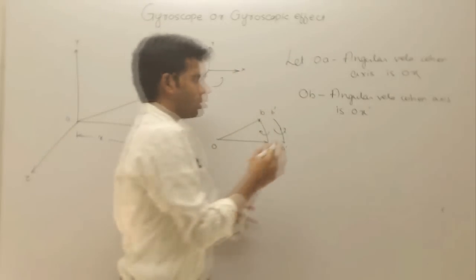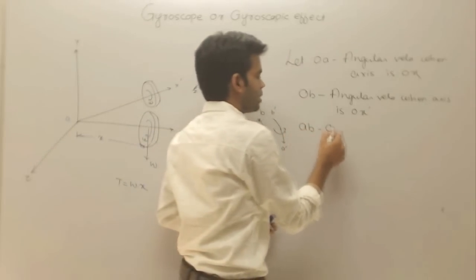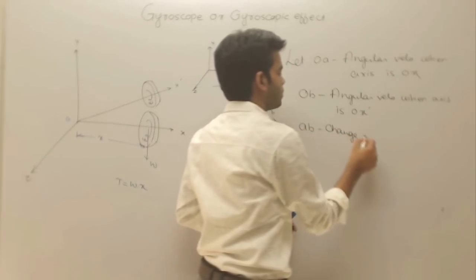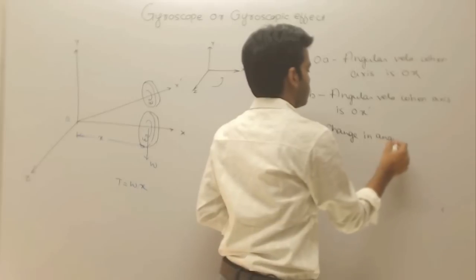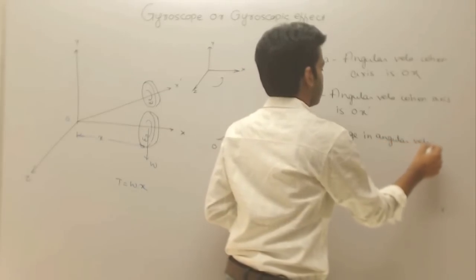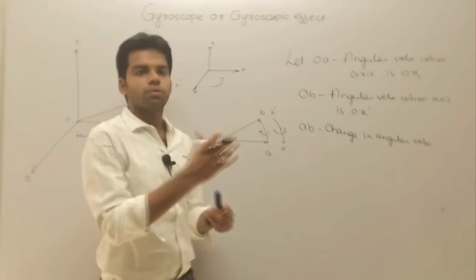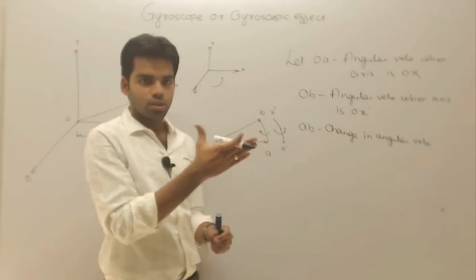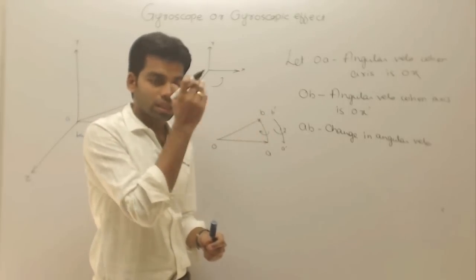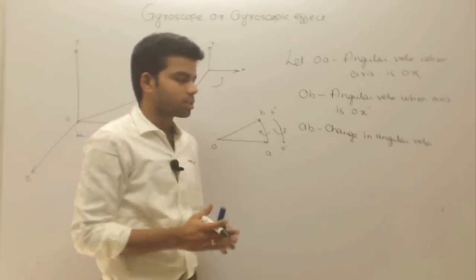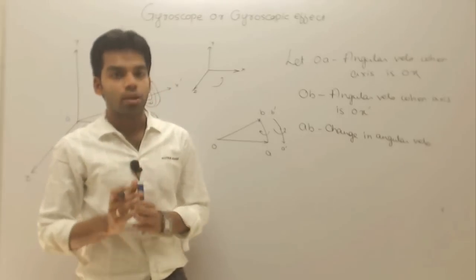AB will be the change in angular velocity. Why is this angular velocity changing? Because of the change of the axis of spin. The axis of spin is changing from OX to OX dash, therefore the angular velocity is changing. So AB is nothing but the change in angular velocity.